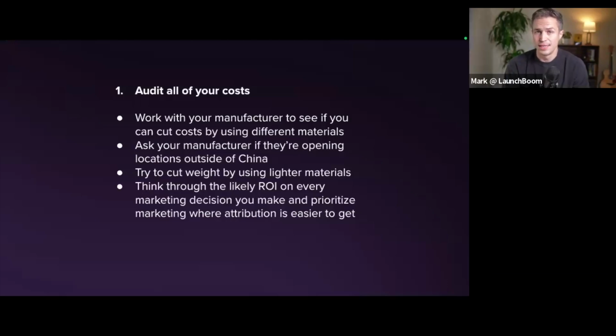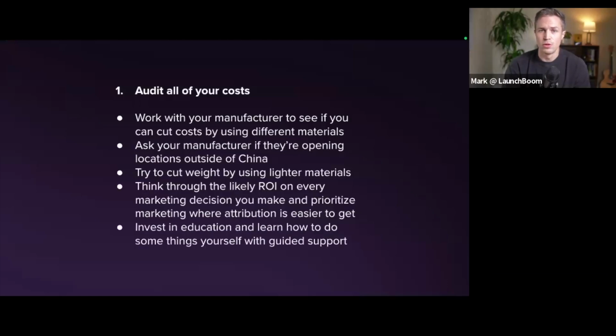Spending on advertising outside of Facebook and Instagram can also be very difficult. So really think through all those decisions, and potentially invest more in education. I mean, your being on this call is an example of you investing in education, spending your time on that and doing some of the things yourselves, or with guided support.